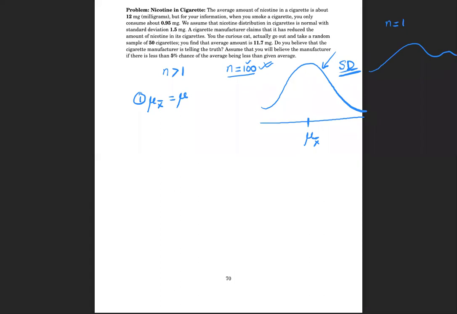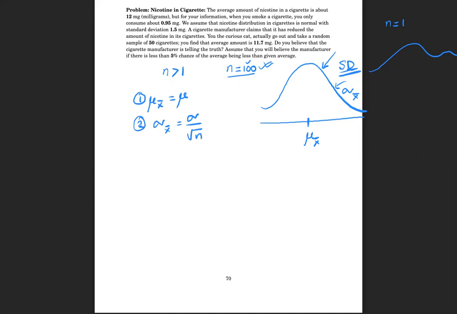Another thing is the standard deviation of the sampling distribution. That means the standard deviation of this distribution is related to the standard deviation of the population. So sigma sub x bar is equal to sigma divided by square root of n.